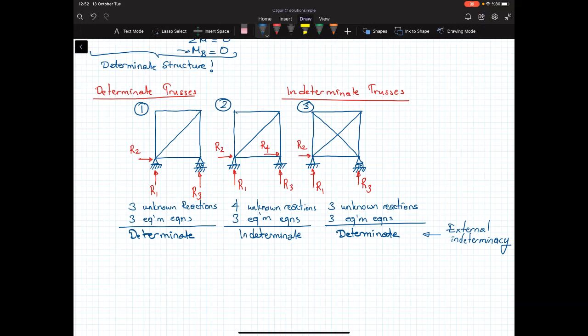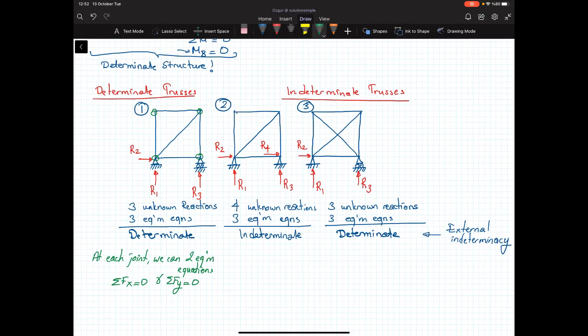Now, for this, if you go back to your statics courses, we can go node by node, right? Or joint by joint. And at every joint, we can write 2 equilibrium equations, which are sum of forces in X must be equal to 0 and sum of forces in Y must be equal to 0.